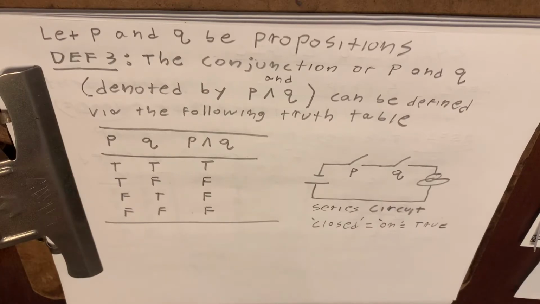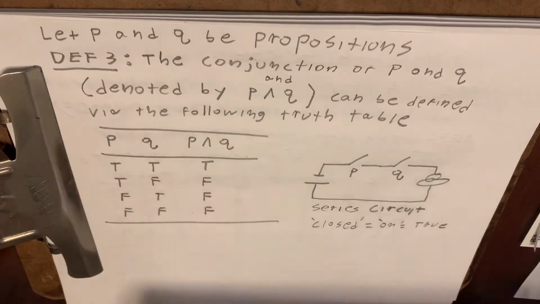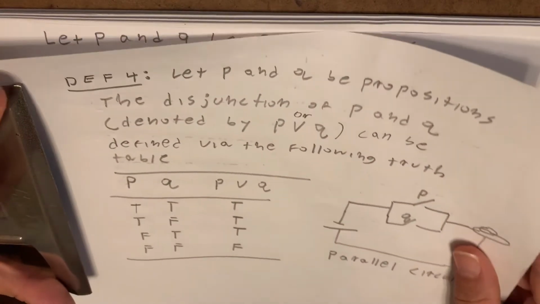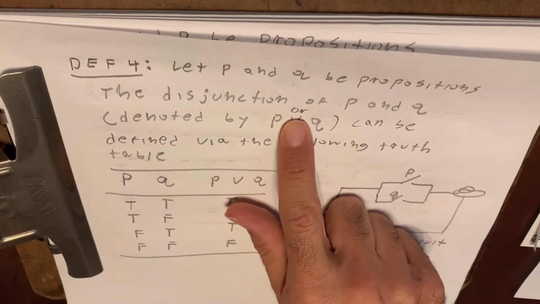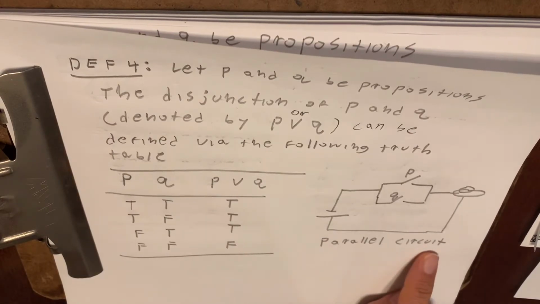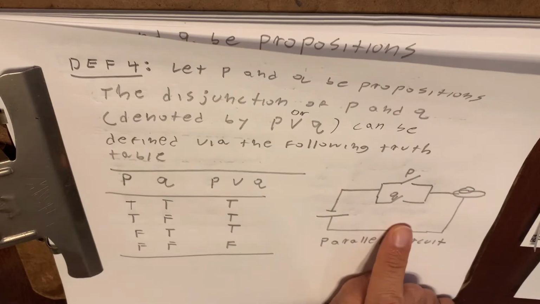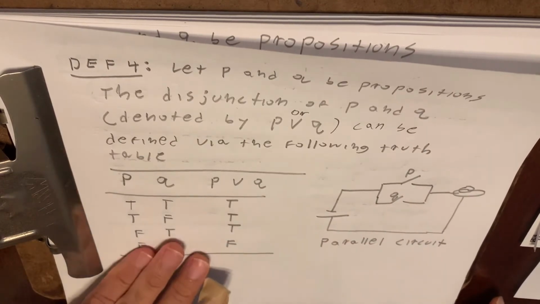I can remember this with no problem, and that is how I do it. And then the fourth definition we did was we actually defined the meaning of the logical word or, which sounds so basic, but it's not basic at all. And we used the analogy of the parallel circuit to do this, and we showed that there was only one way to return a truth value of false.